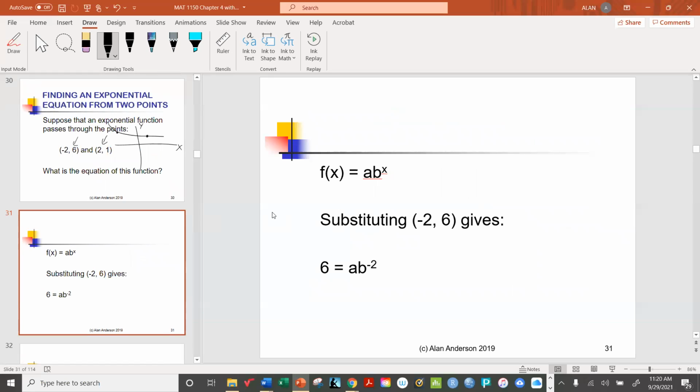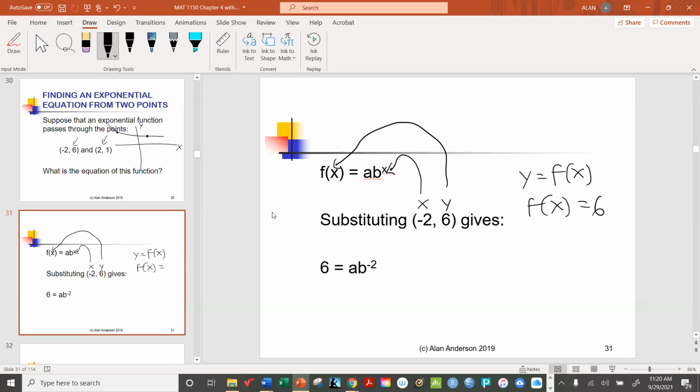Now, what I'm going to do first is just pick either point and plug it in, and that's no different than what we did with straight lines. So be aware that this is the x coordinate, which means it goes here. And this is the y coordinate, which means that goes here. In other words, remember, y equals f of x, which means in this case, f of x is 6.